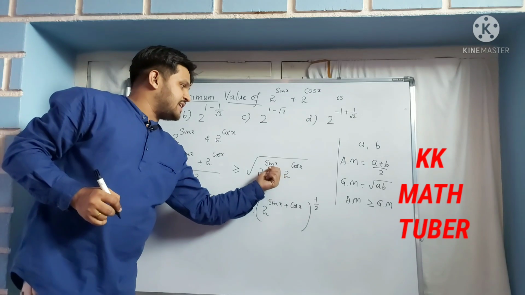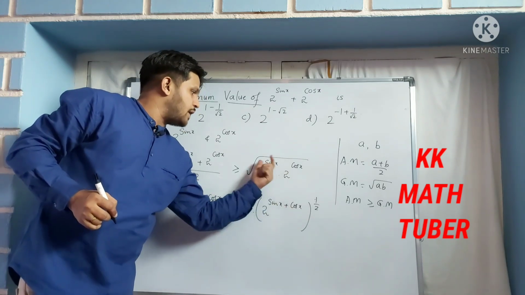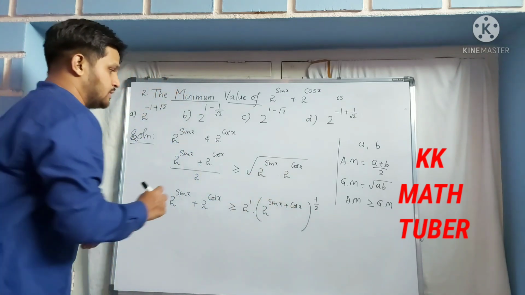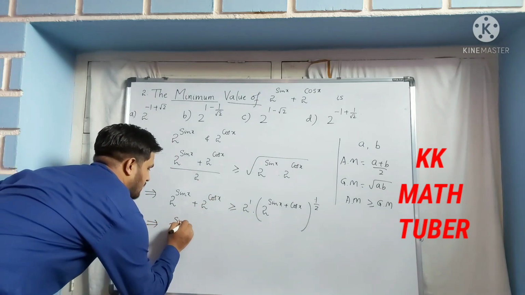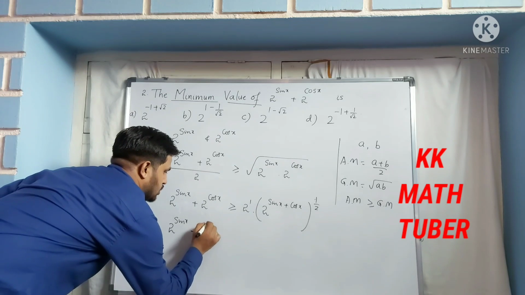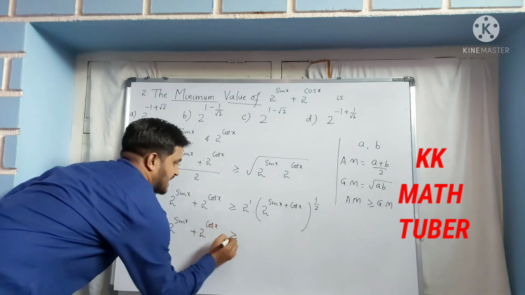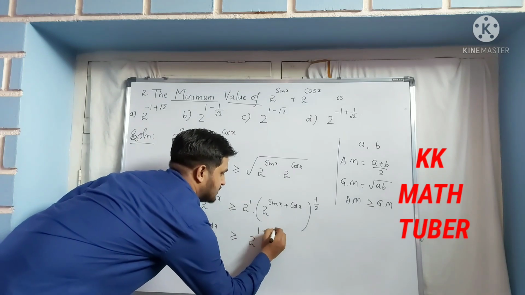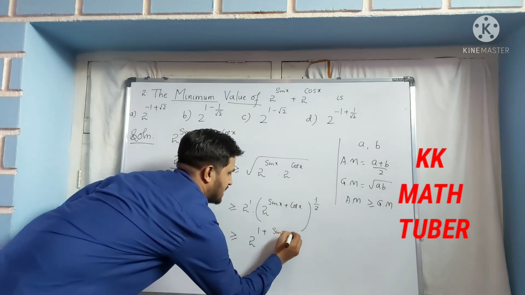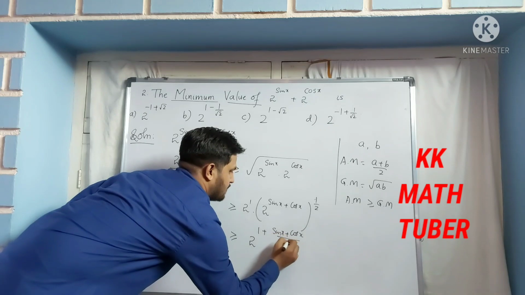Because here the base is the same, the powers are added, and whole power 1 by 2. Now let us simplify this. So 2 power sin x plus 2 power cos x is greater than or equal to 2 power (1 plus sin x plus cos x) divided by 2.